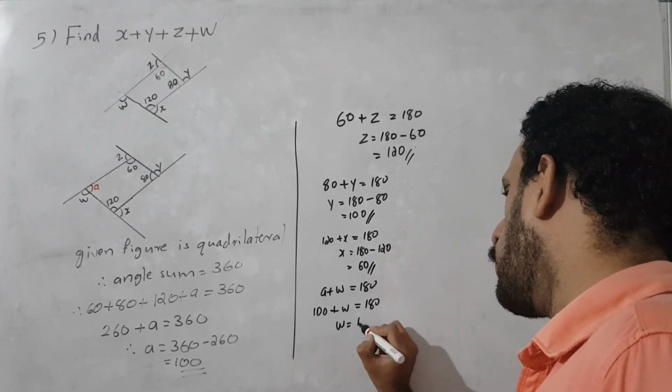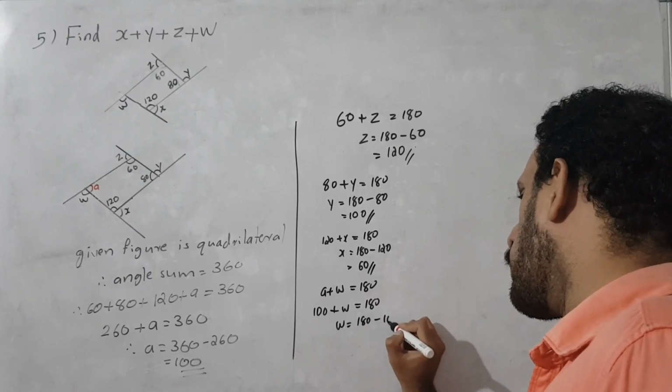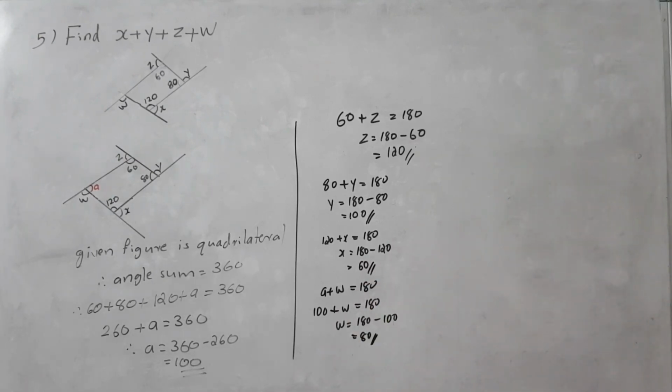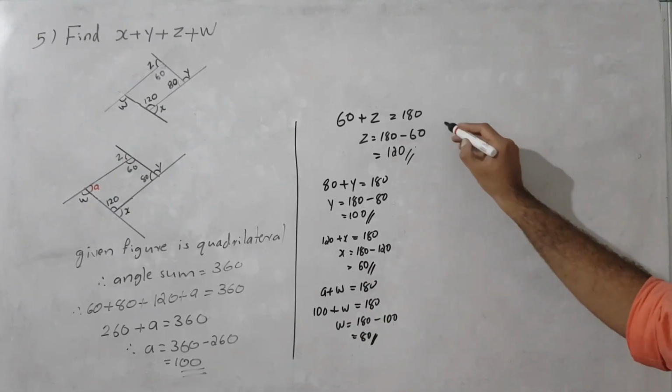Therefore, W is equal to 180 minus 100, which is 80. Correct? Then what is next?